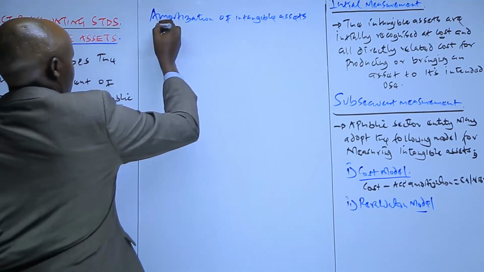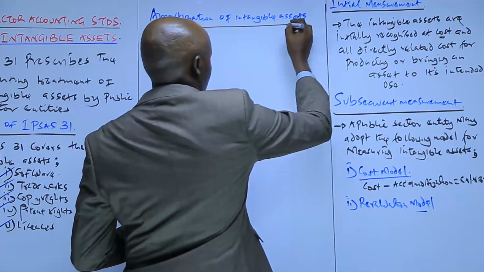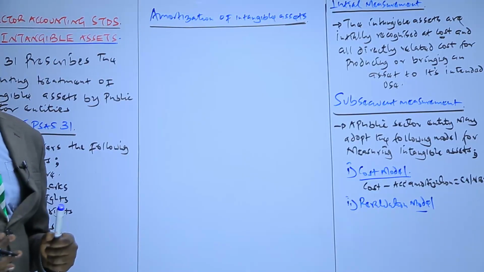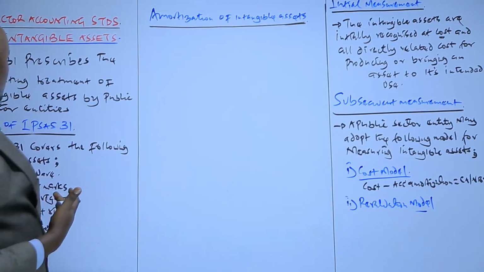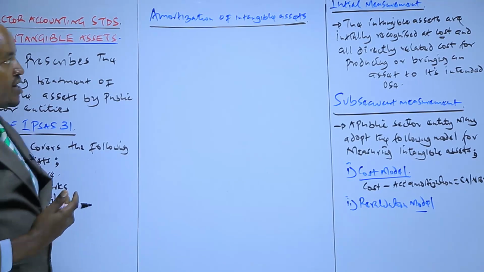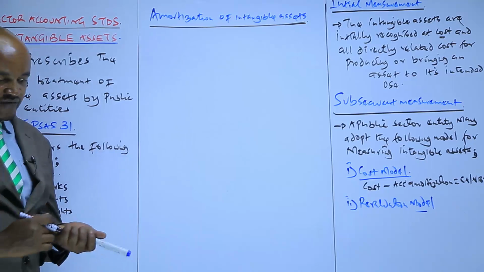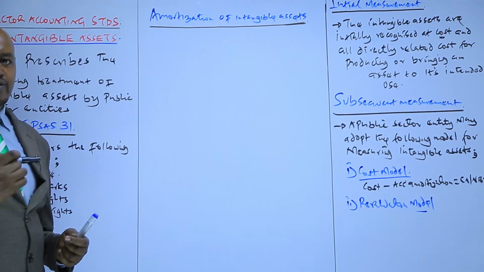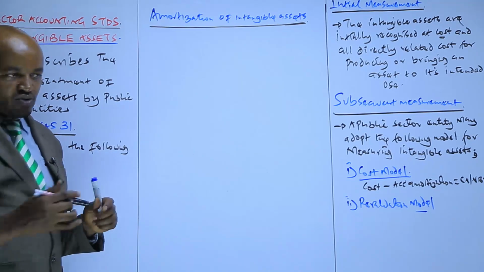So when we talk about the amortization of intangible asset, this is a process of gradually writing off the cost of intangible asset. And according to IFRS 31, the cost of intangible asset should be amortized over the expected useful life of an intangible asset.